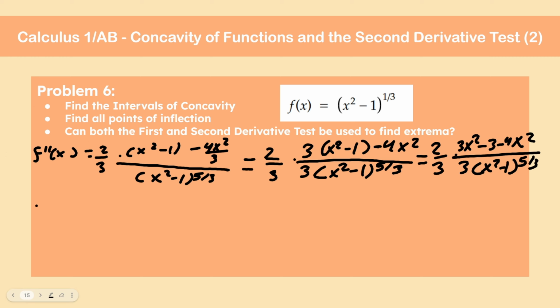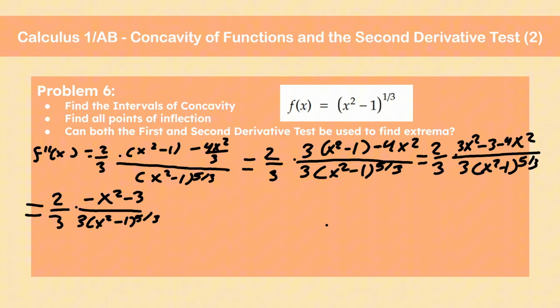So now this will simplify into 2/3 multiplied by negative x² minus 3 all over (3x² minus 1) to the power of 5 over 3.